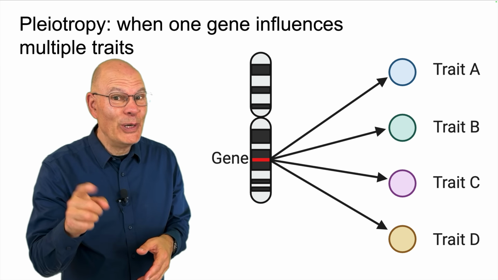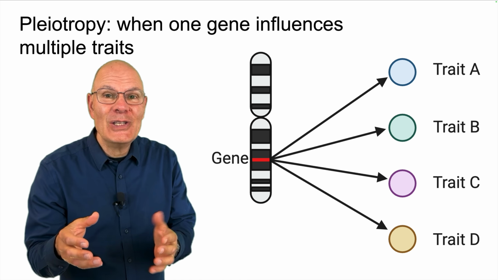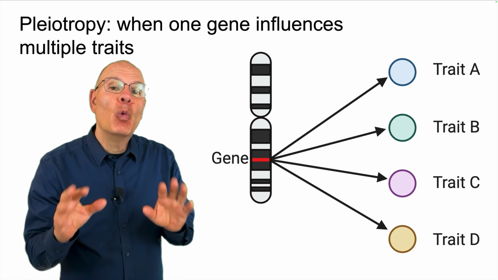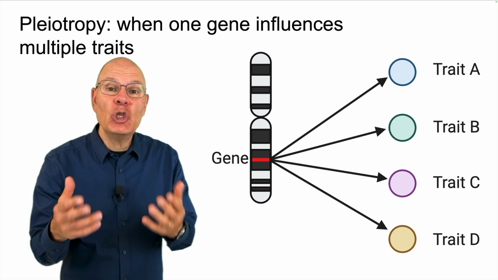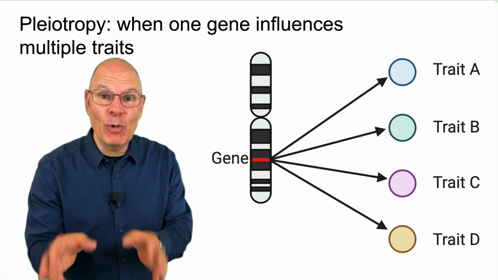Pleiotropy, which you will also hear pronounced as pleiotropy, is a pattern of inheritance in which one gene influences multiple traits. We're going to look at it in the context of 2 human diseases, sickle cell anemia and cystic fibrosis.